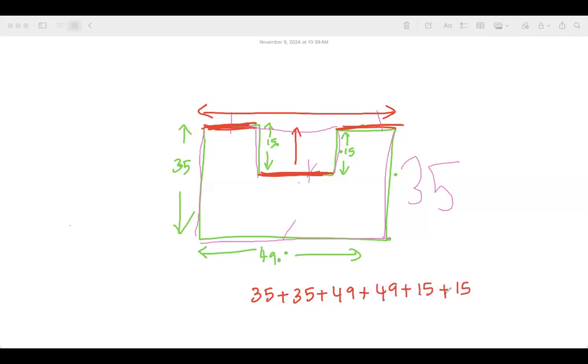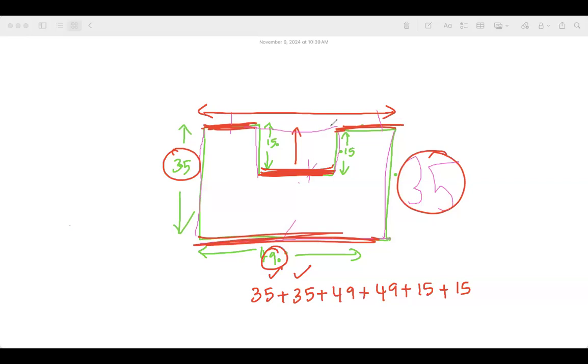That's all. 35, 35. The sleeping line is the same as these three summing together. And then this small bar, 15, 15. Did you get that? Where was the extra?